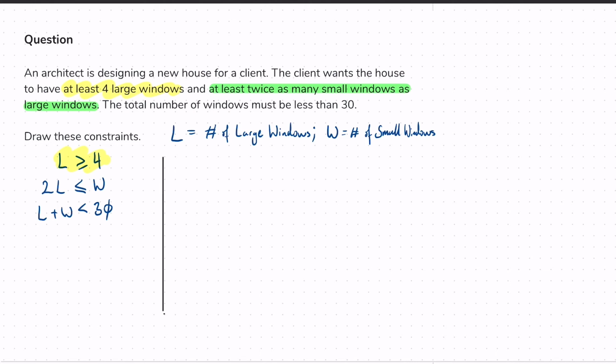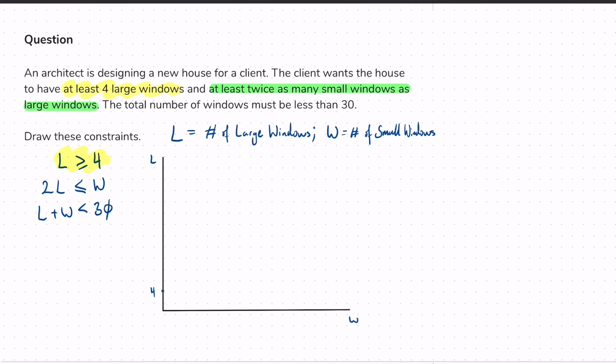Roughly, it's going to look like this, and we're going to put L on the y-axis and W on the x-axis. Now, L has to be at least 4. So let's say that 4 is around about here. Well, L can be more than 4, right?